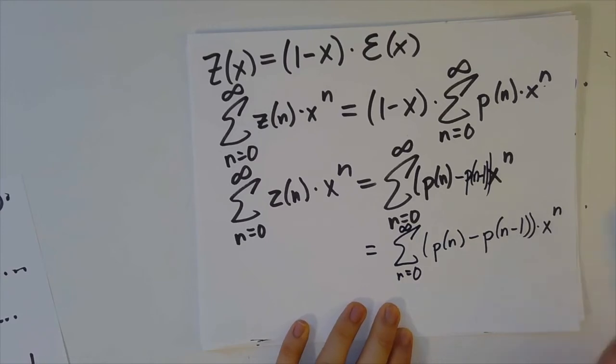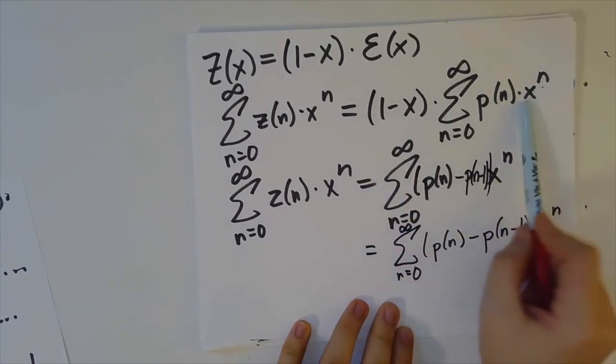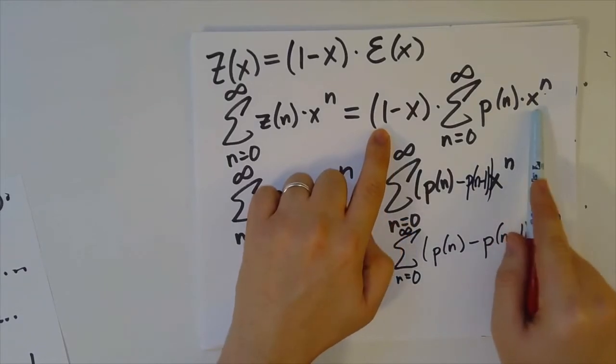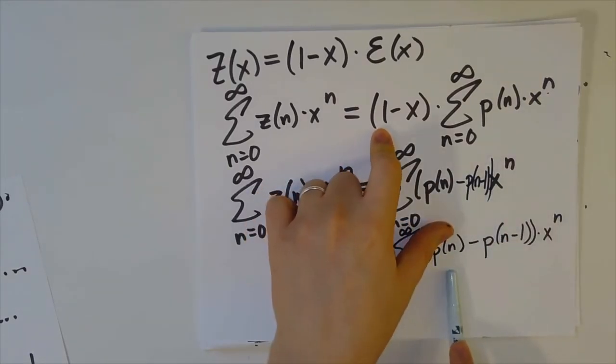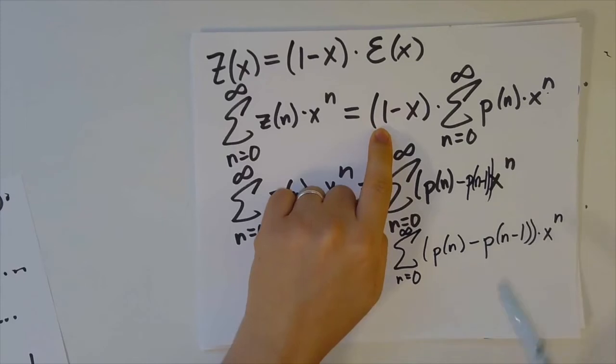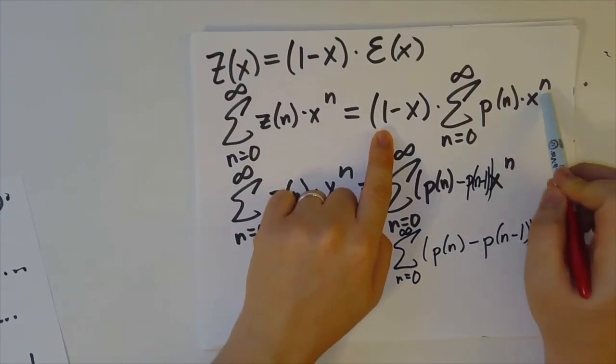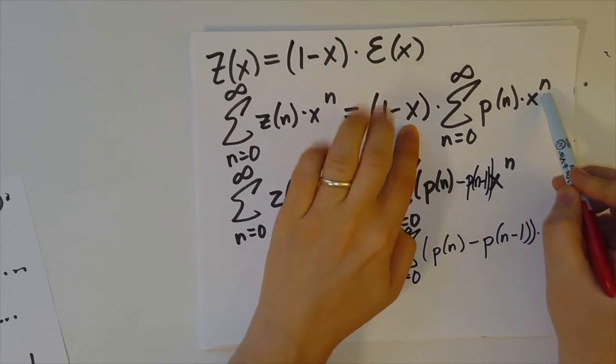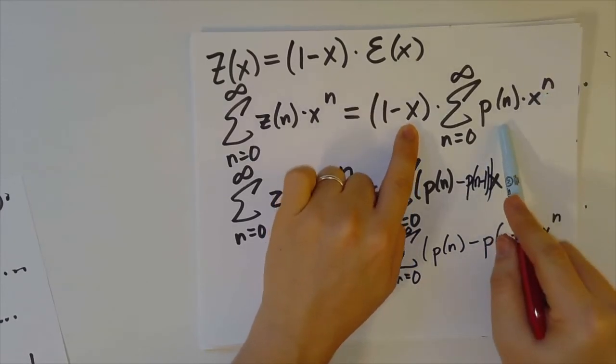This comes from thinking, what's the only way I'm going to get an x to the n over here? Well, there's two ways. One is to start with an x to the n and multiply it by 1, and that gives me the p(n). The other is to start with an x to the n minus 1 and then multiply it by x. And so what's in front of the x to the n minus 1? Well, p(n minus 1) is in front of that.